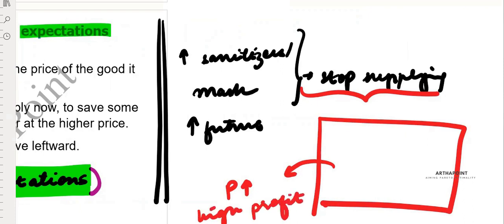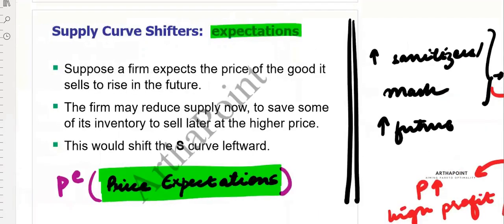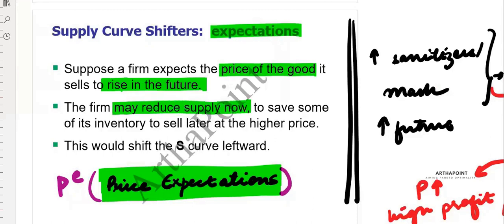Are you getting it? So when you think that the price of the good you are selling is going to rise in the future, you will reduce your supply today. You will save your inventory so that you can sell it later at a higher price.